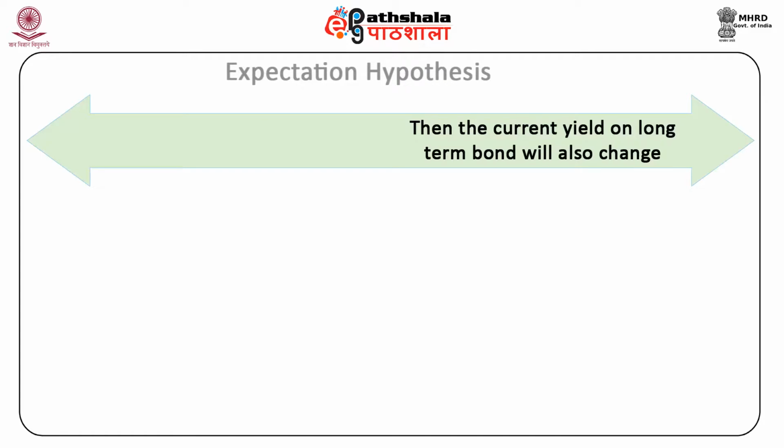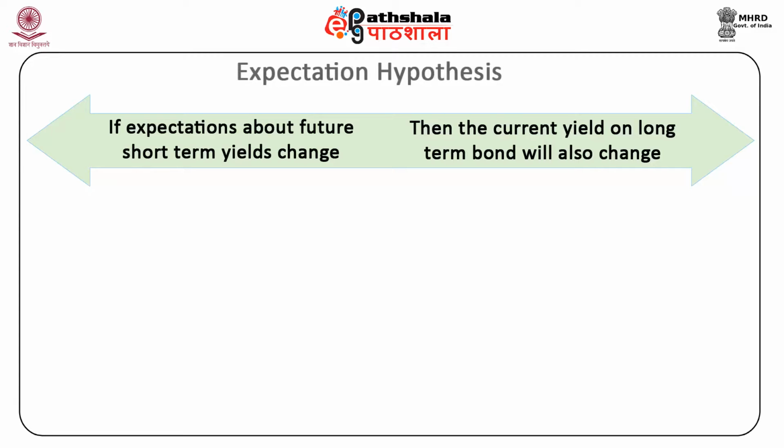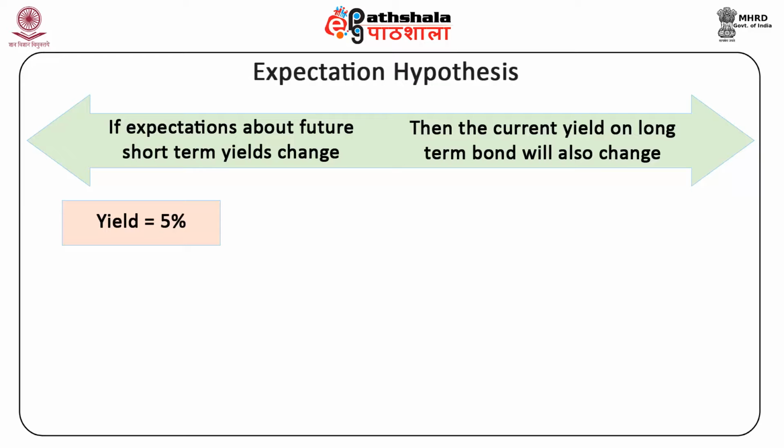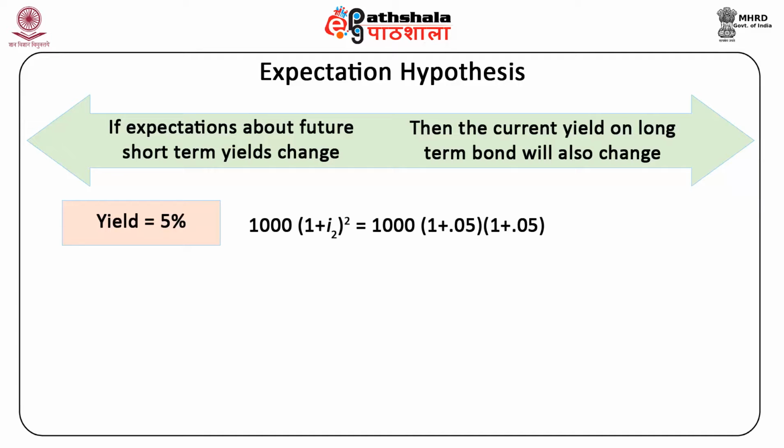The current yield on long-term bond will change if expectations about future short-term yields change. For instance, if the current yield on 1-year bond is 5% and investors expect the yield rate to remain at 5% next year, the yield rate on a 2-year bond will satisfy the condition, that is 1000 into (1 plus i2) whole square is equal to 1000 into (1 plus 0.05) into (1 plus 0.05).